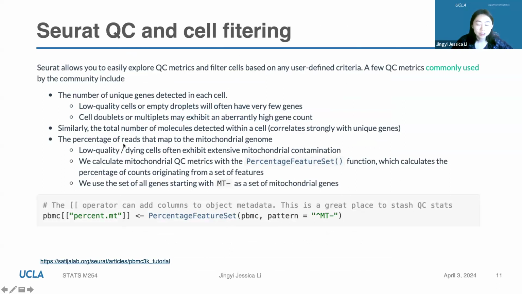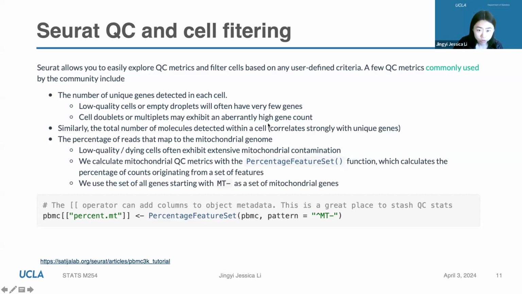And the third criterion is to count the number of reads mapped to mitochondria genes. This is based on biological knowledge. We know that low quality or dying cells often exhibit extensive mitochondria contamination.